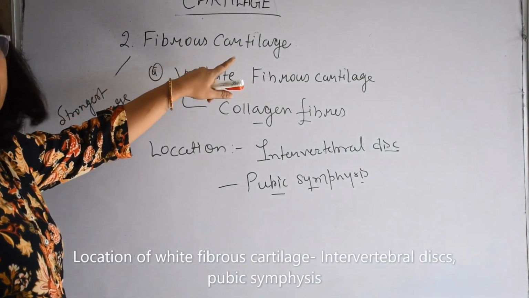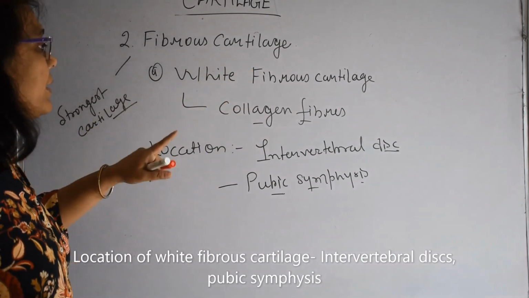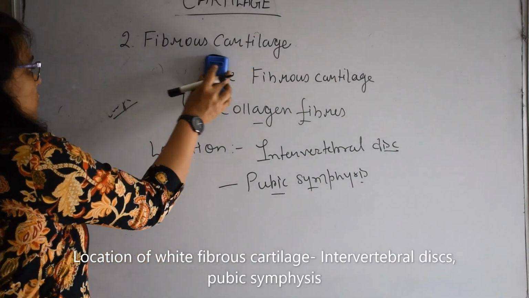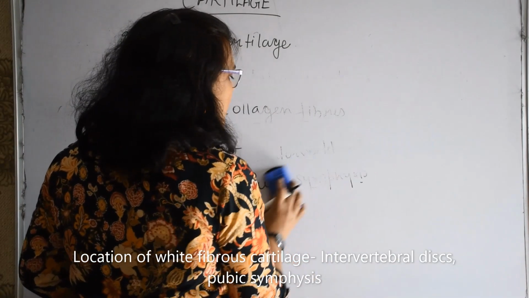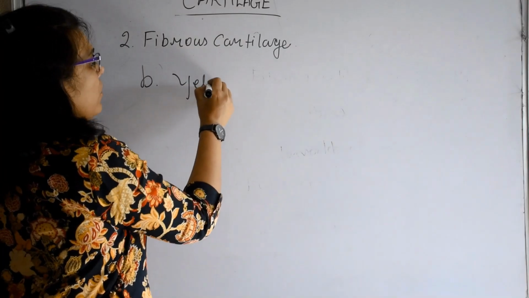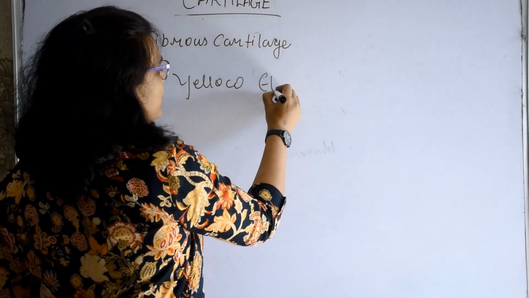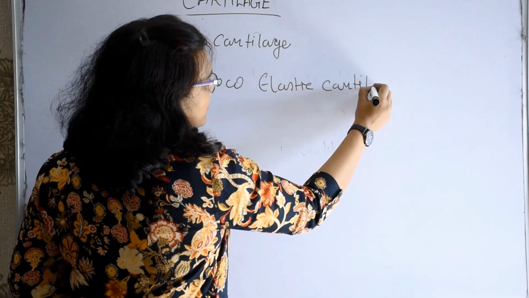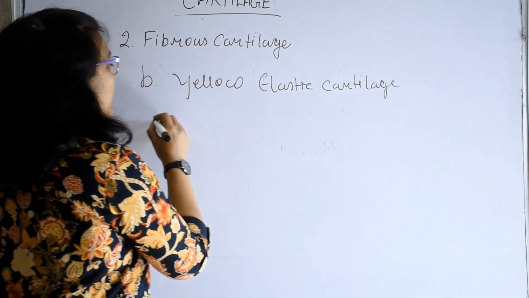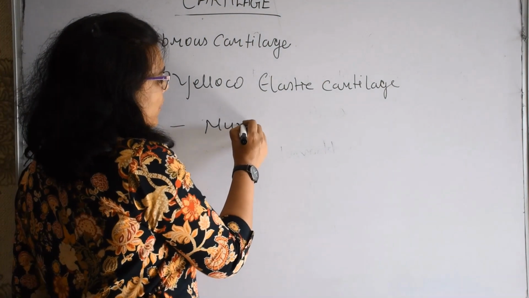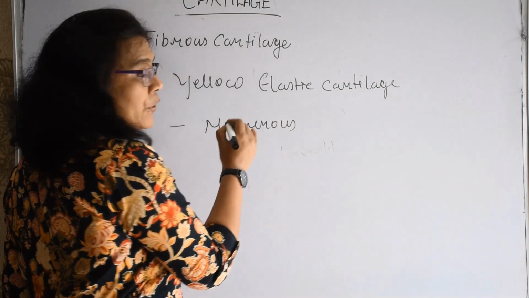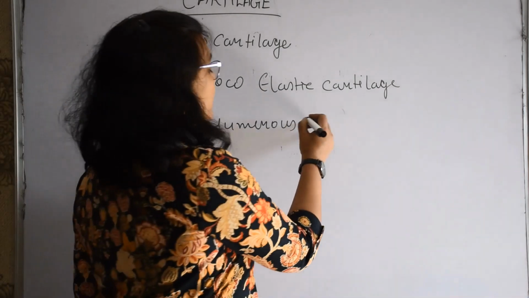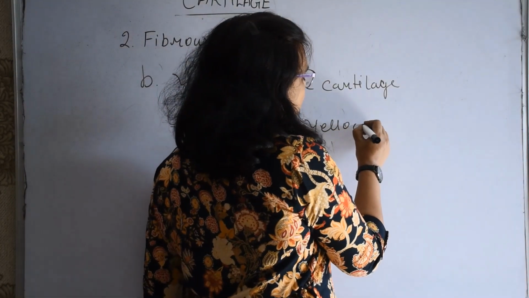Under fibrous cartilage, the next is the yellow elastic cartilage. In yellow elastic cartilage, numerous yellow elastic fibers are present.